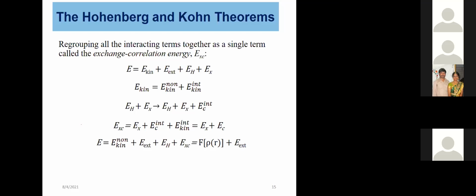And all those terms, if you see the final expression, we will have a function of density and we will have the external potential. So this F of rho r, the non-interacting term, and the EH and EXC terms, we have to solve with approximation. And this term EXT will be constant in a system.